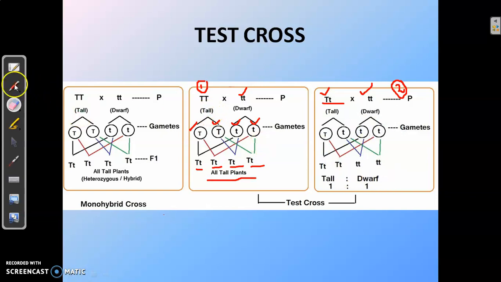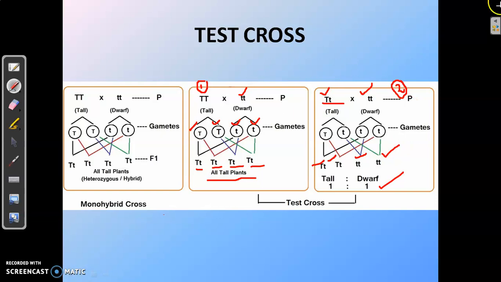The obtained offspring will be tall to dwarf in a 1:1 ratio. Hence, if a test cross is done on a heterozygous tall plant, the offspring will have a ratio of tall to dwarf of 1:1.